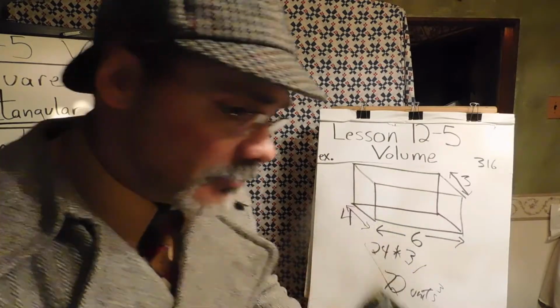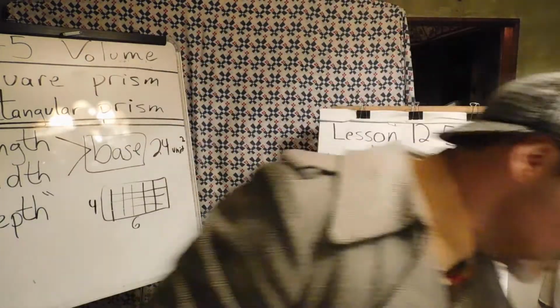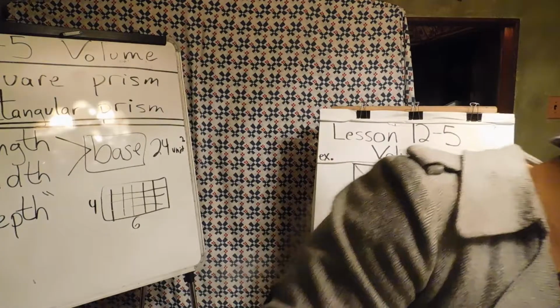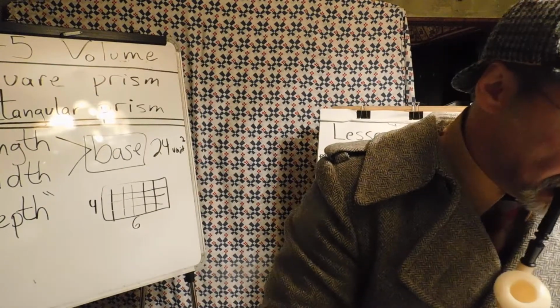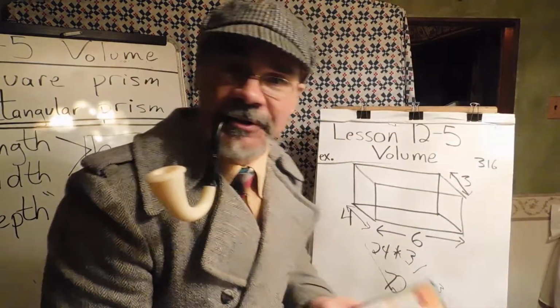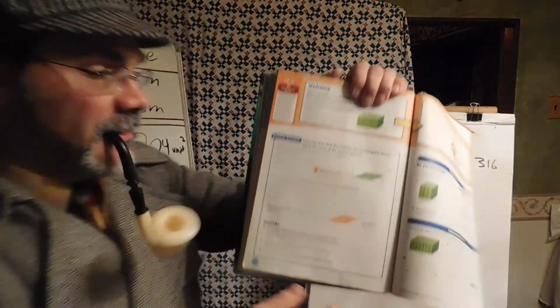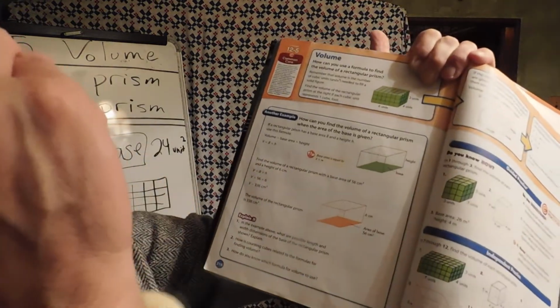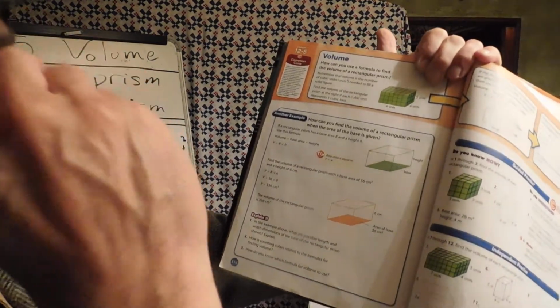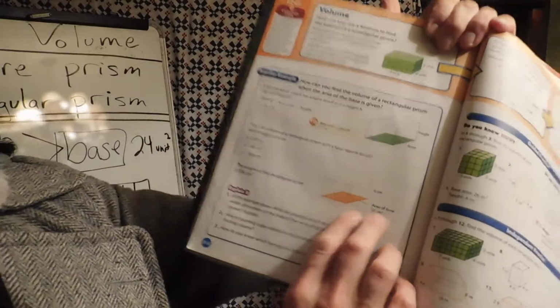Now, as promised, I told you I would hold up the book to show you what Pearson's talking about. Make sure you get this, camera guy. So you can see it here. It's good. The base here is, it's really difficult to see, the base is 56 square units.